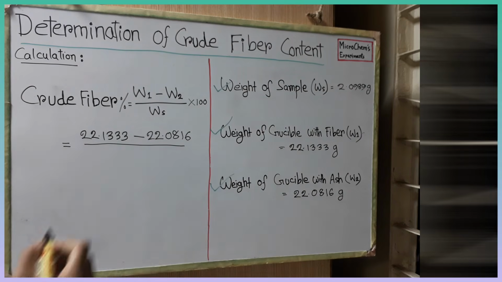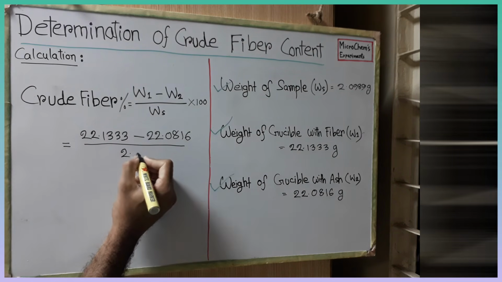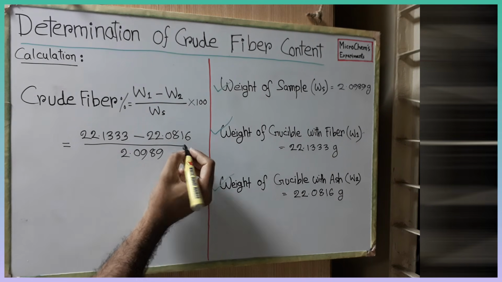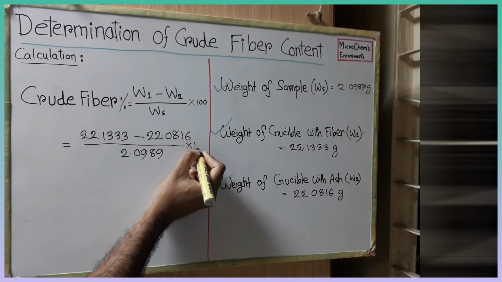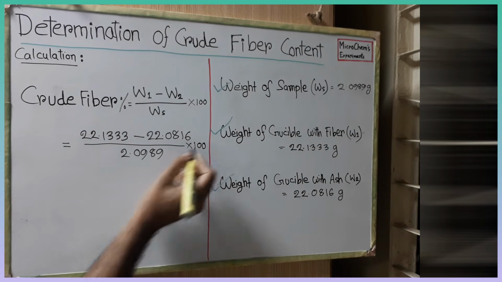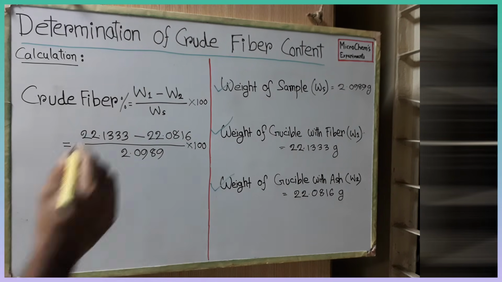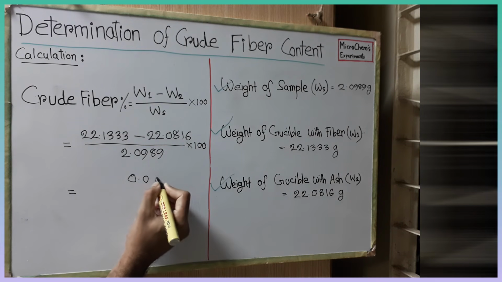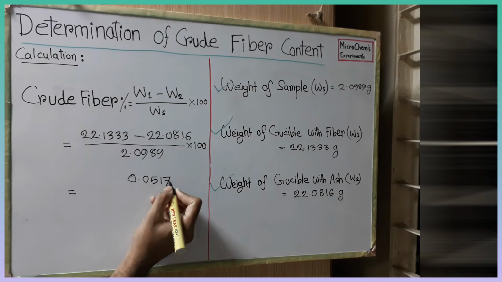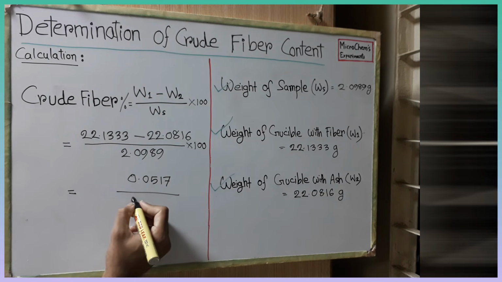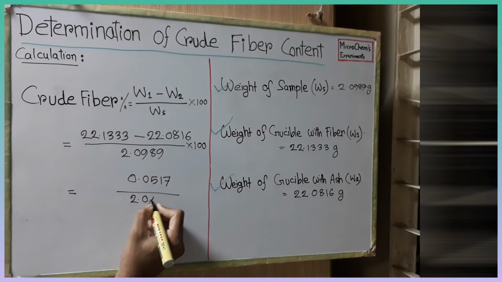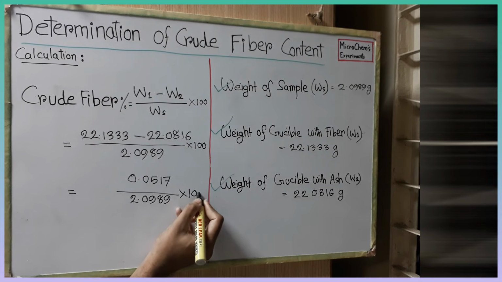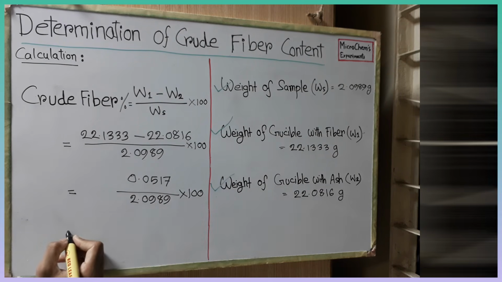WS is 2.0989. By solving the equation, we get the crude fiber is 2.46.